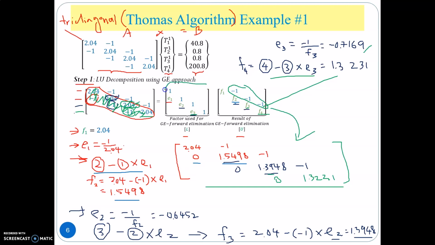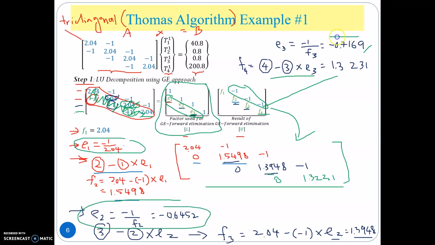And what is your lower triangular matrix here? This is where you apply the factor. So you have your E1, E2, E3 factors that can be obtained from here. You can substitute inside. And then don't forget, you need to put 1 at the diagonal. So this is your lower matrix L.